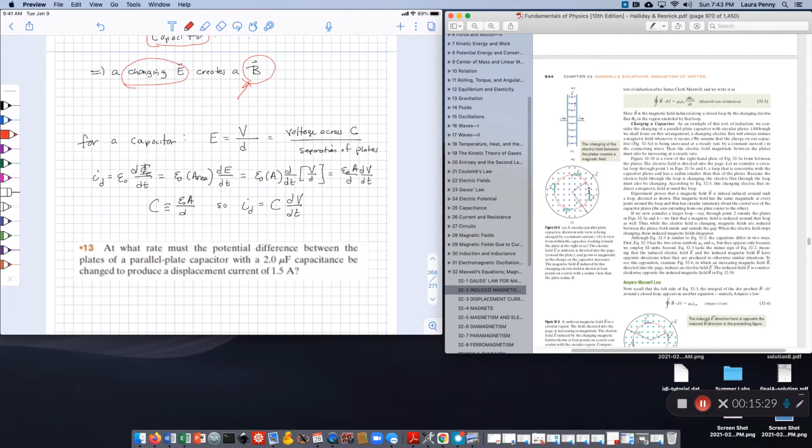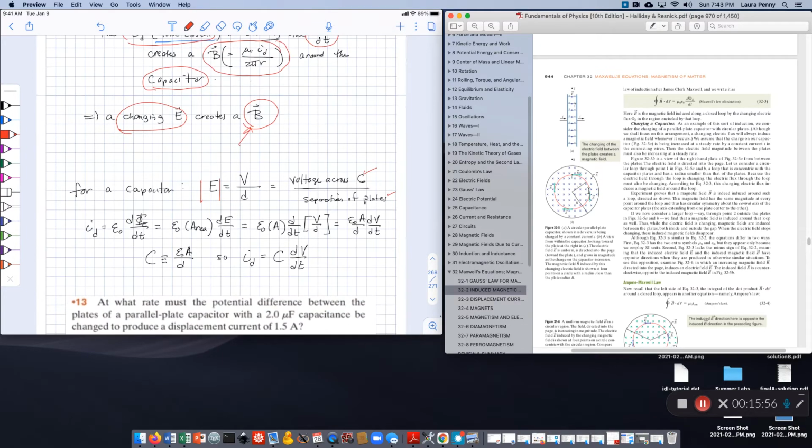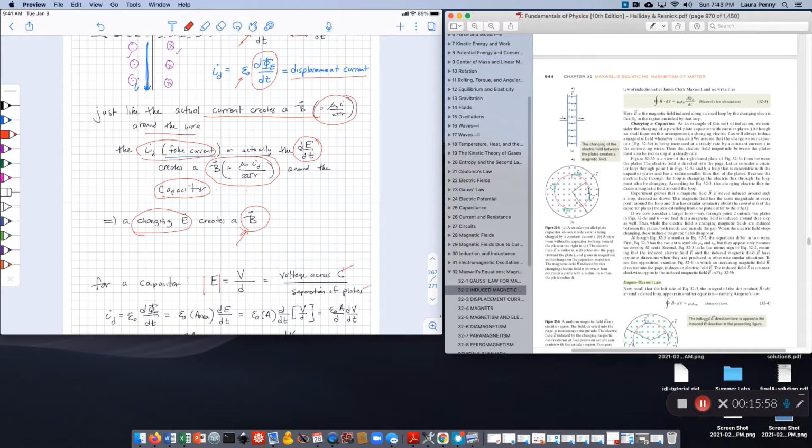For number 13, which is using a capacitor, very specific stuff. In a capacitor, the electric field magnitude is the voltage across the capacitor divided by the separation distance between the two plates. Putting all that into this displacement thing, the displacement current is epsilon naught times the time derivative of the electric flux.